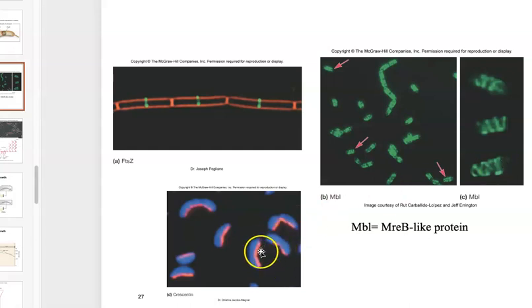Here's the crescentin in these Vibrio-shaped cells right here, giving them that curved rod appearance. And this is just FtsZ localizing to the center of cells to show where division needs to take place.